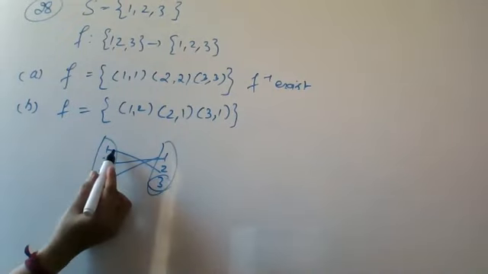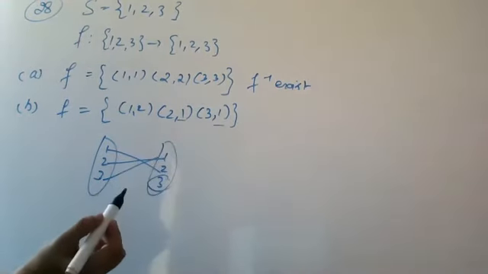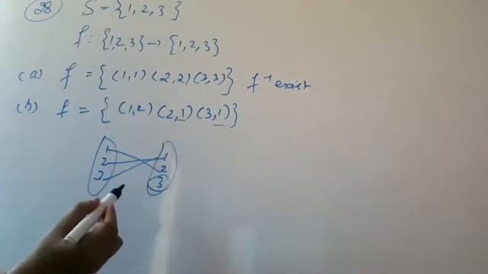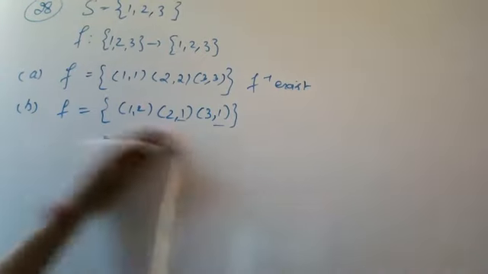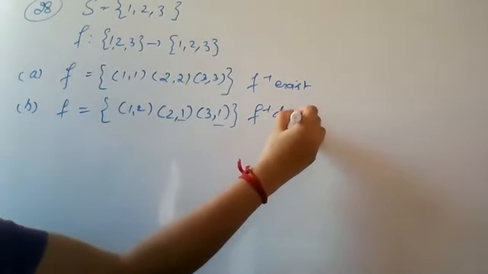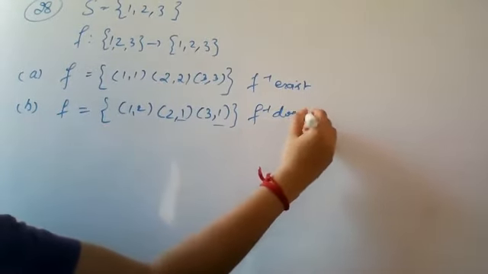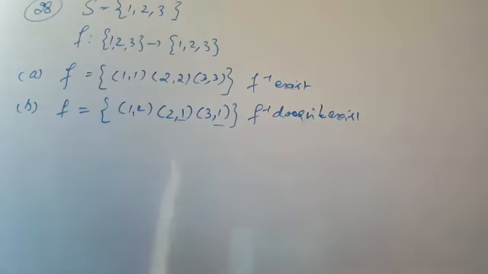And both are having the same image. 2 and 3 both are having 1. So it is not 1, 1. So neither 1, 1 nor on 2. Therefore it is not invertible. Okay, it is not bijective means it is not invertible. Therefore, F inverse does not exist. For this case, you don't have any F inverse.